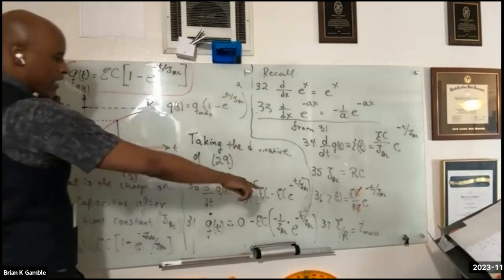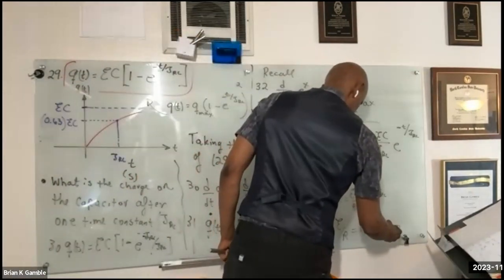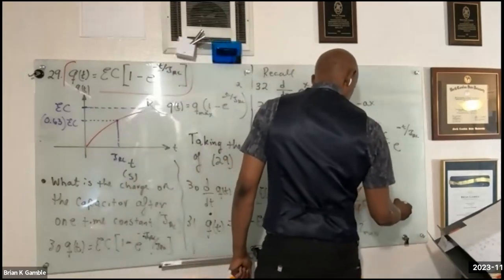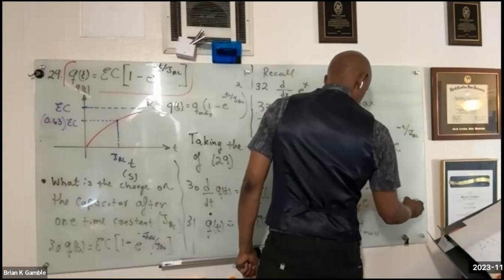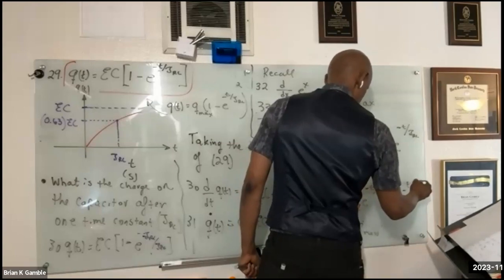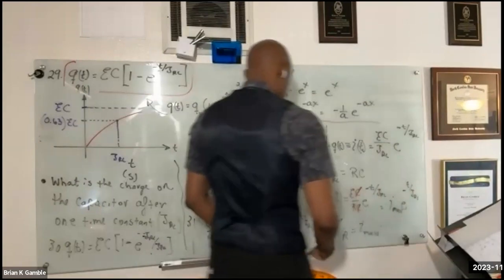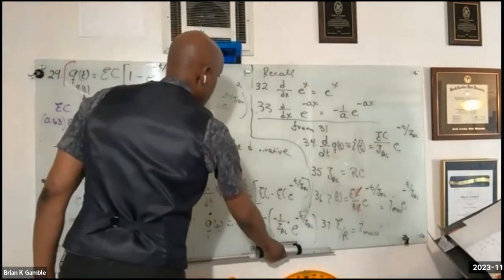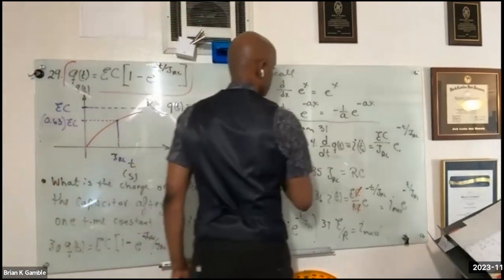And then I could write that equation as I_max times e^(-t/tau_RC). But either way, let me just box in these solutions. I can do it here.